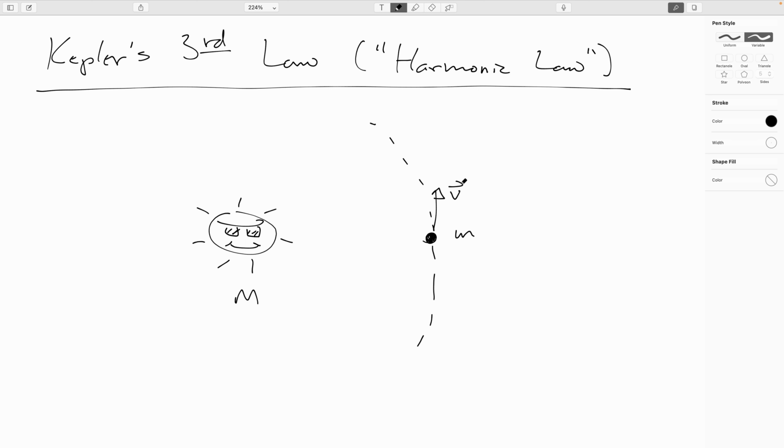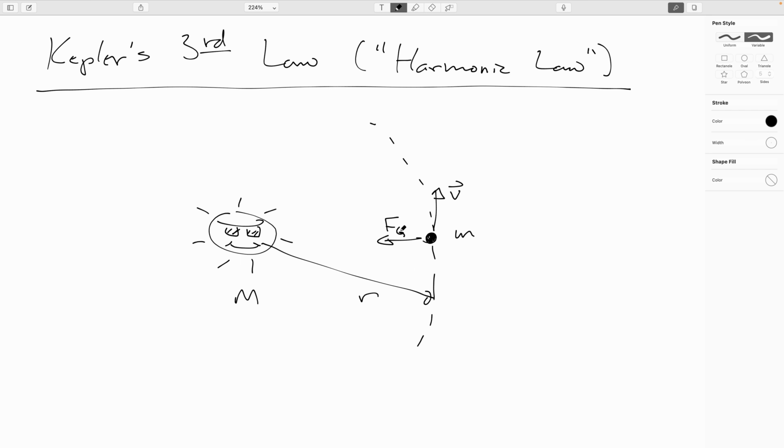However, you can do this derivation correctly for elliptical orbits, and you get the exact same answer if you replace the radius of the orbit with what's called the semi-major axis of the ellipse. However, the analysis is much more complicated. All right.